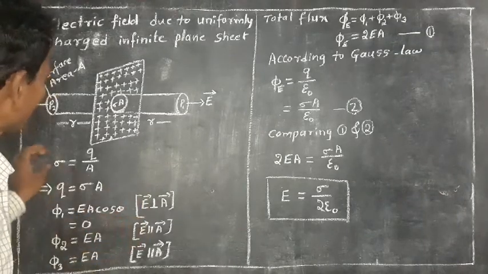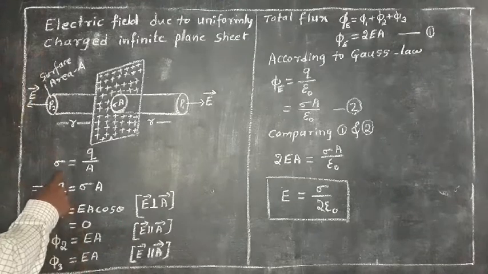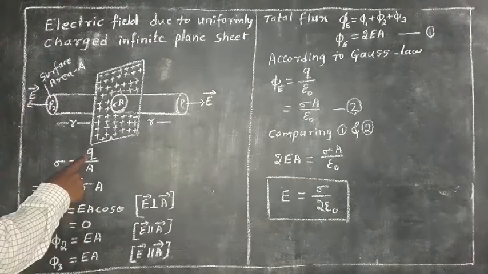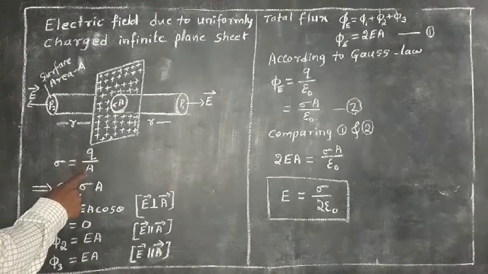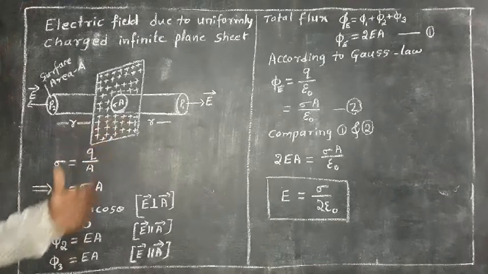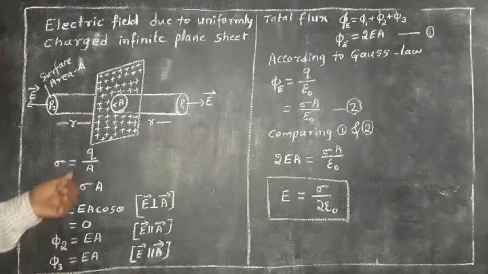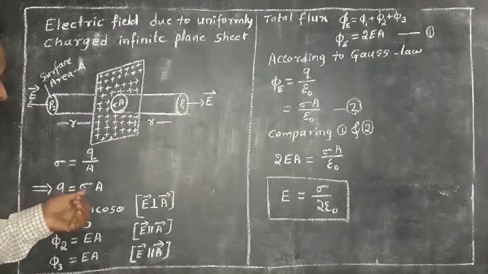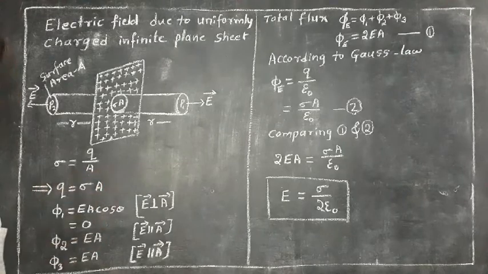And surface charge density is the amount of charge per unit area of the plate or plane surface. Thus, charge Q equal to sigma into A.